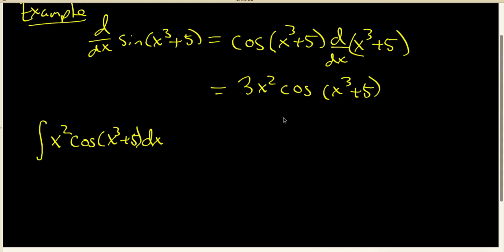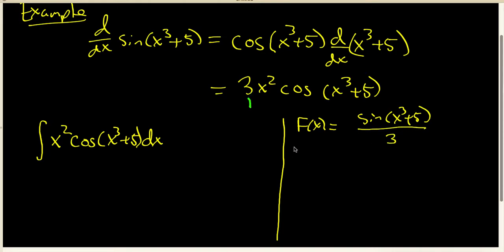Now, I also want to state something over here. I already know from the derivative example that my antiderivative is going to be sine of x cubed plus 5, and I'm going to have to divide by this 3 here to get everything to work out.